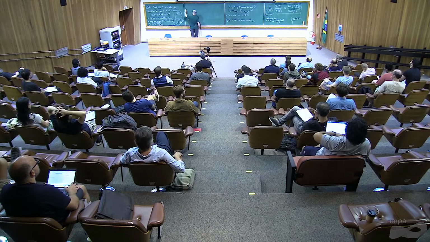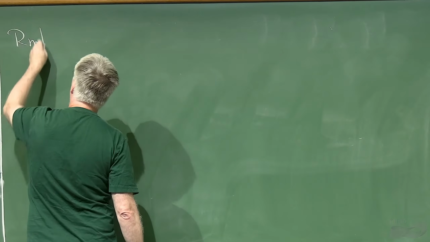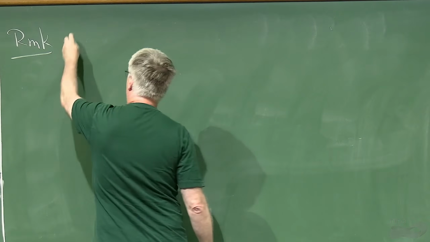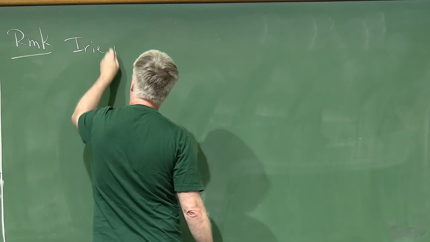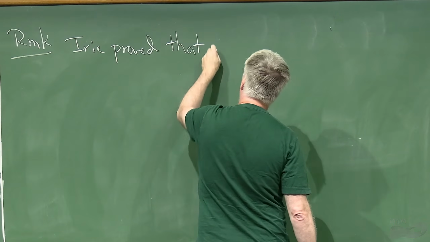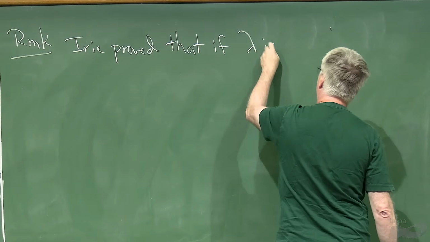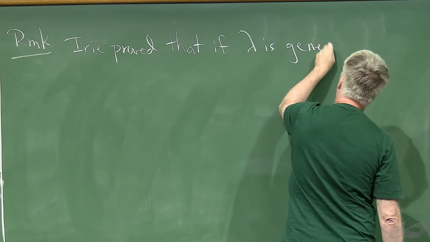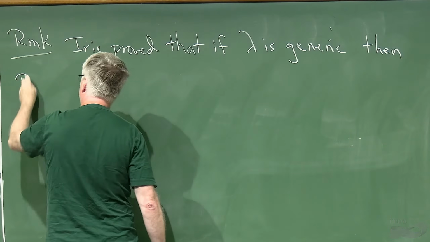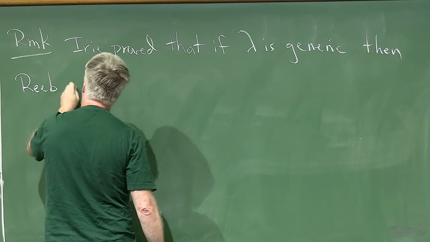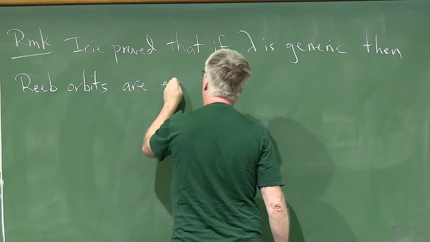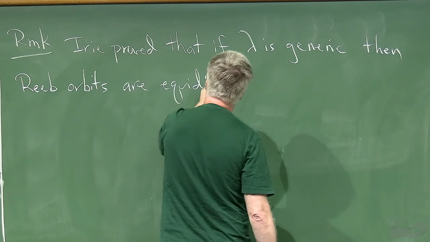So another remark. Irie proved that if λ is generic, then the Reeb orbits are equidistributed.